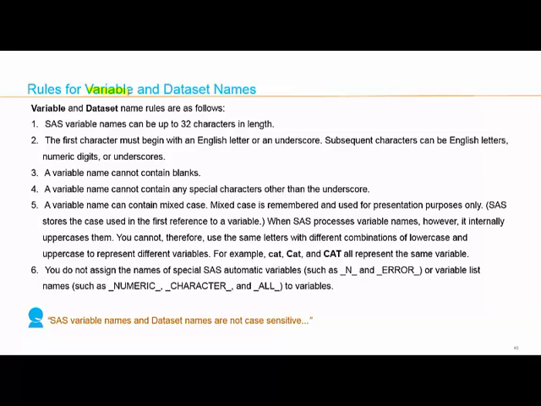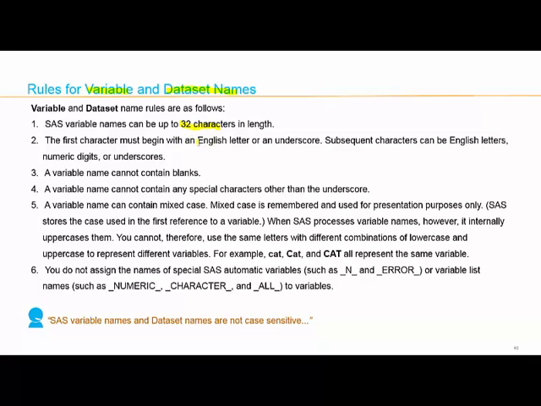Here some of the rules are listed for when you define a variable or a dataset name. What does the first rule say? Any dataset name or variable you create in SAS should not exceed 32 characters in length.